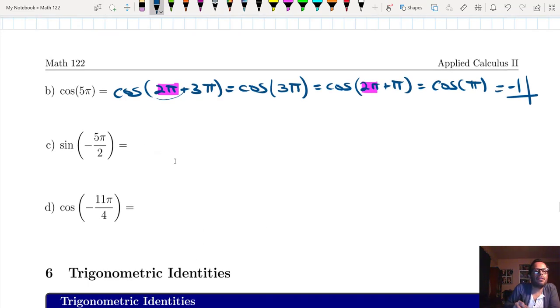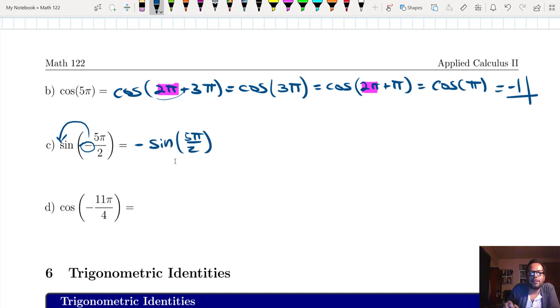Okay, negative sine of negative 5 pi over 2. First of all, you might want to take care of the negative sign. Keep in mind that when we have sine of a negative angle, we can just pull out the negative sign, right? That is negative sine of 5 pi over 2.